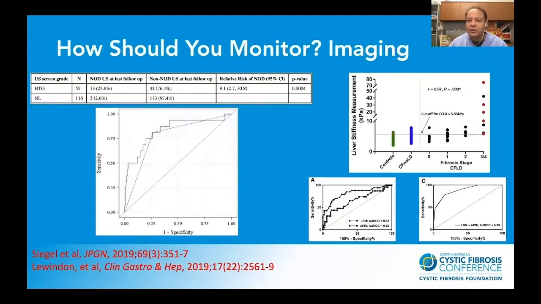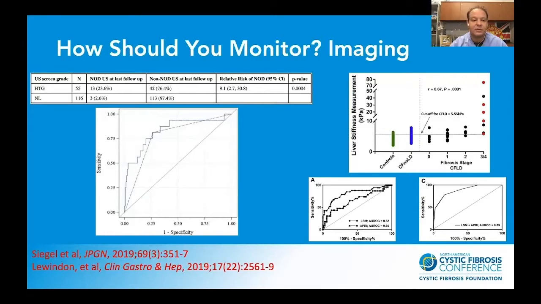So the other question is, well, should we just get imaging on everybody? Surely that predicts. And so recently from the PUSH study, we did publish our interim analysis with the main focus being those patients that had a heterogeneous ultrasound pattern and do they go on to develop a nodular pattern. So in our cohort, followed over about 4.5 years, we had 55 patients with a baseline heterogeneous pattern, of which 13 or almost 24% went on to have a nodular pattern at most recent follow-up.